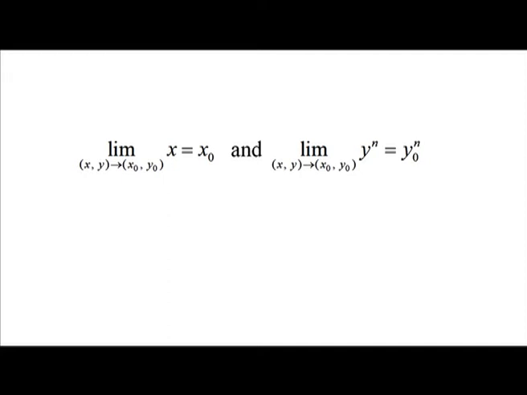Using the result, the limit as (x, y) approaches (x naught, y naught) of x is equal to x naught, and the limit of y raised to n is equal to y naught raised to n.